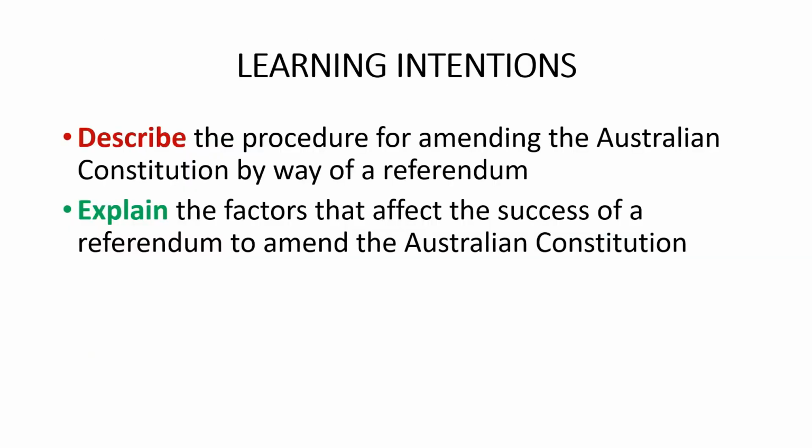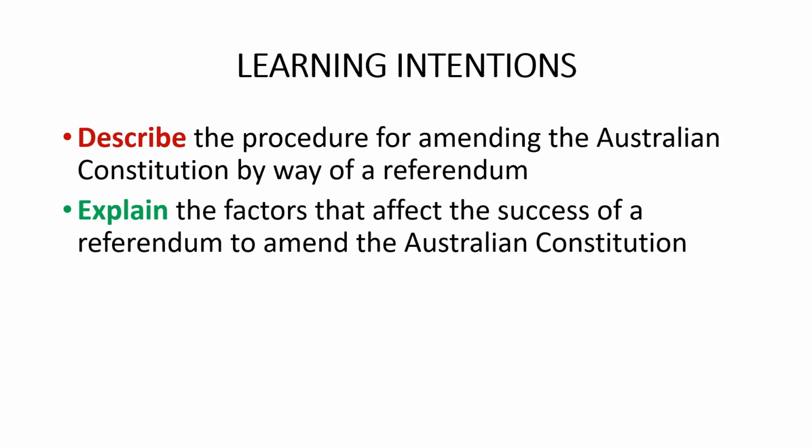Well, that brings us to the end of this first video on referendums. As a result of watching and taking notes on this video, you should now be able to do two things. First, you should be able to describe the procedure for amending the Australian Constitution by way of a referendum.